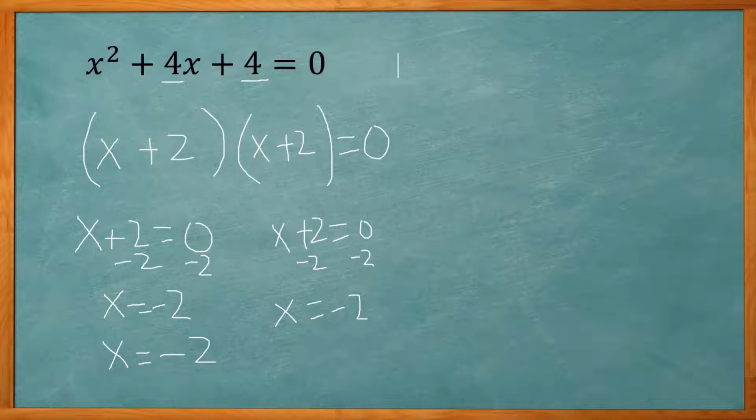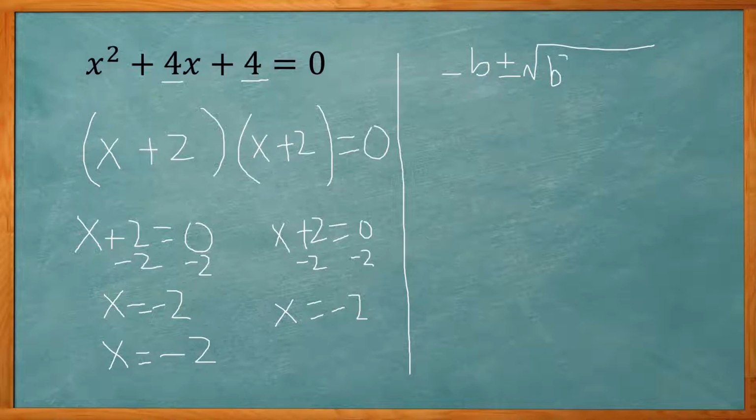Now you can also solve this using the quadratic formula. Remember, that's negative b plus or minus the square root of b squared minus 4ac, divided by 2a.